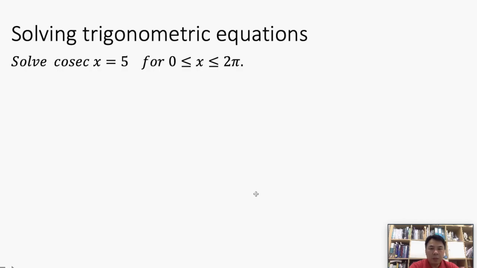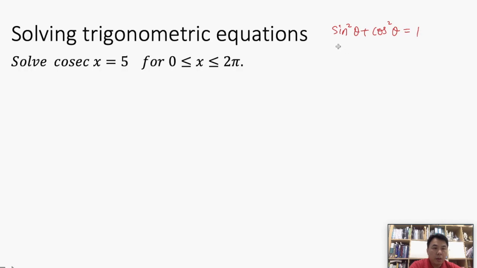Sometimes these trigonometric equations are also known as trigonometric identities. Let me rewrite those identities one more time so that we can recap. We have sine squared theta plus cos squared theta equal to 1.